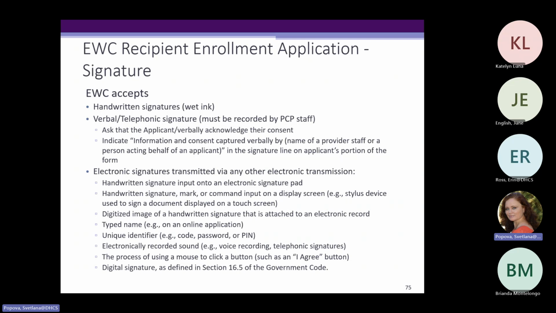So if patients only need recertification or enrollment in order to get a mammogram, for example, it's really vital that they can do it over the phone. And we made sure with our Office of Legal Affairs that we do accept verbal or telephonic signature.